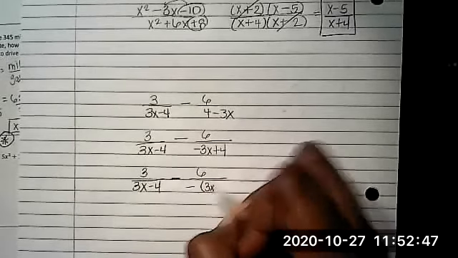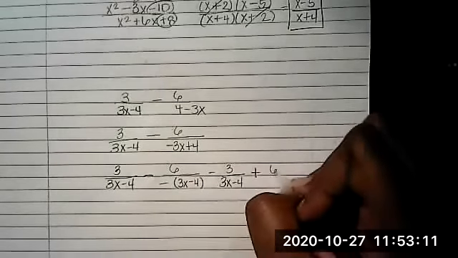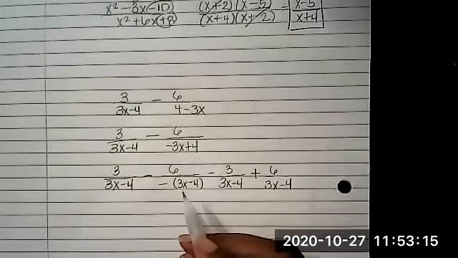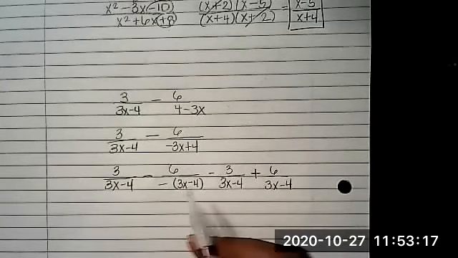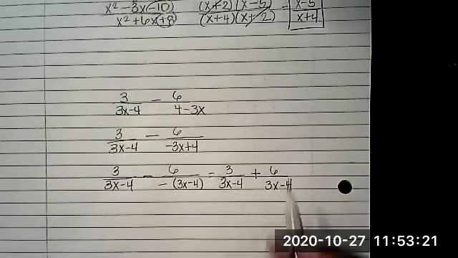Now you see how these two look alike, but they have 2 negatives here. That changes it to a positive. So now this looks like 3 over 3x minus 4 plus 6 over 3x minus 4. I took out the negative, it changed that to 3x minus 4, and now there are common denominators.